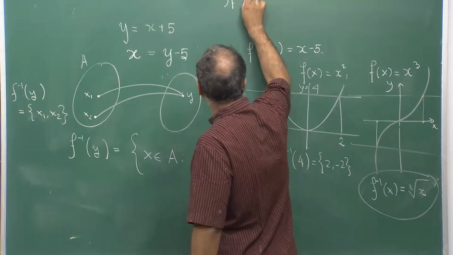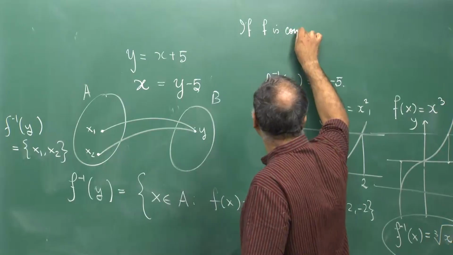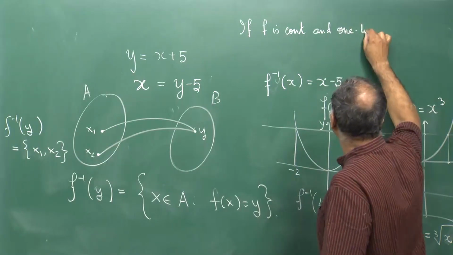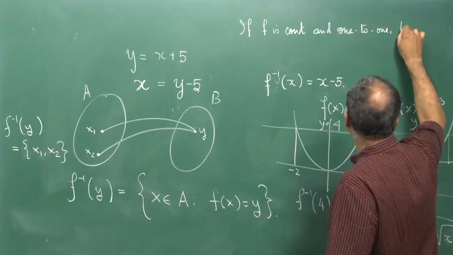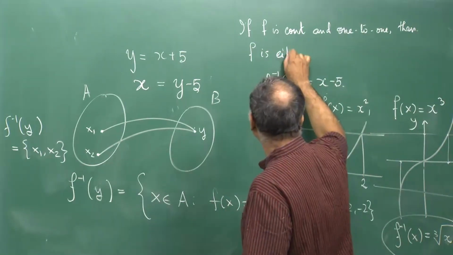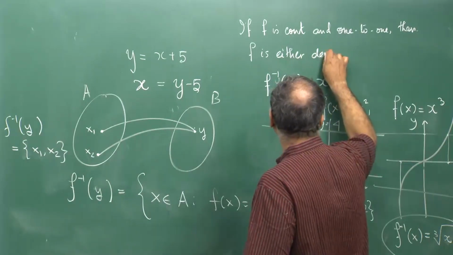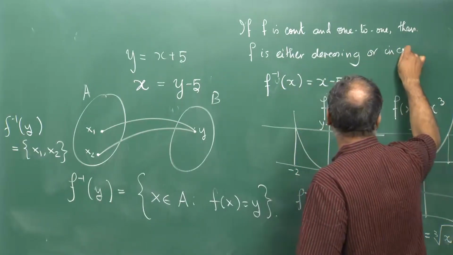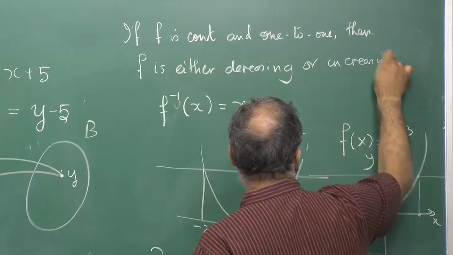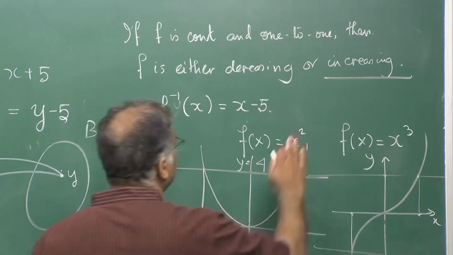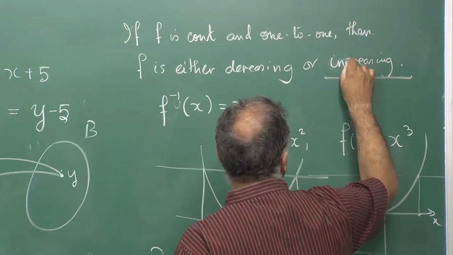If f is continuous and one-to-one, so it means it has an inverse, then f is either decreasing or increasing. This is something very important.